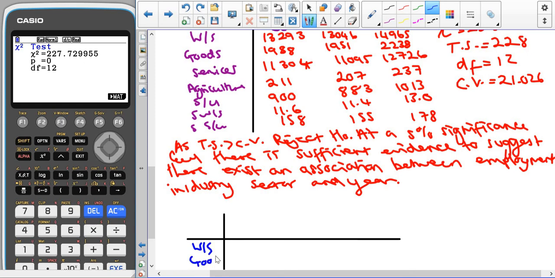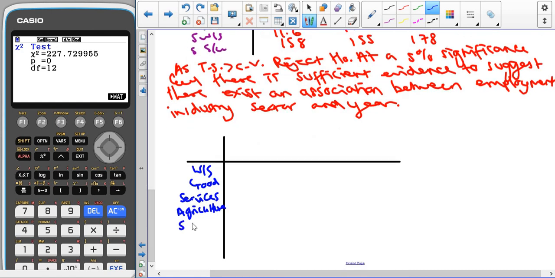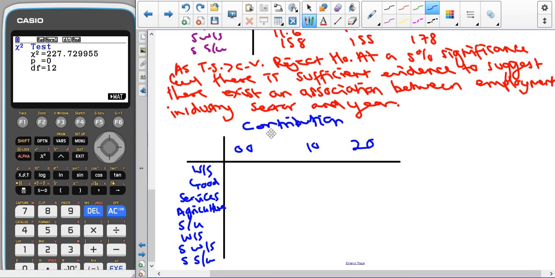WS, goods, services, agriculture, SU, WS, SWS, and SSU, 00, 10, 20, and this time these are my contributions. This is why it's so important that you are labelling these tables very clearly, because if you have to come back and look at them, they can get quite confusing about what they actually were talking about.